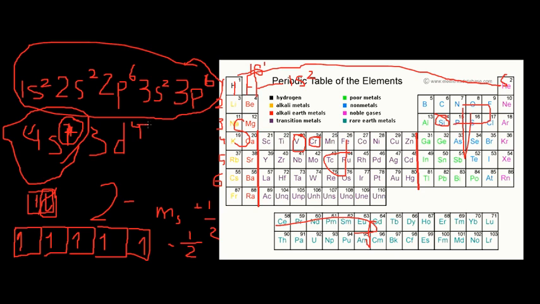This is only a special case that happens for this column and for this column: copper, silver, and gold.